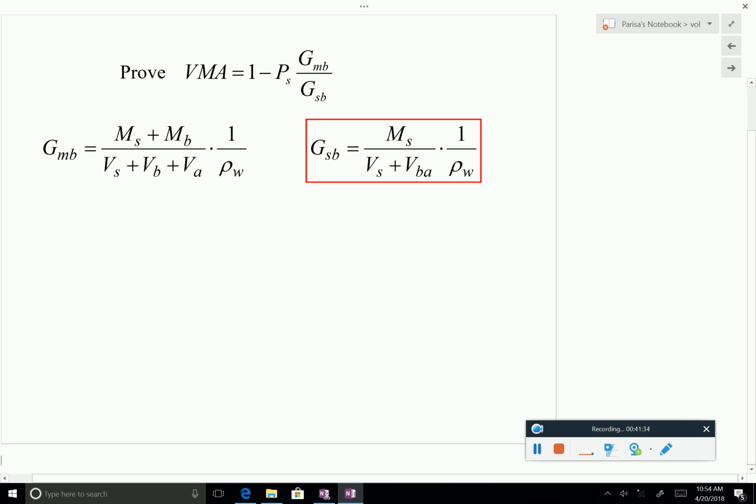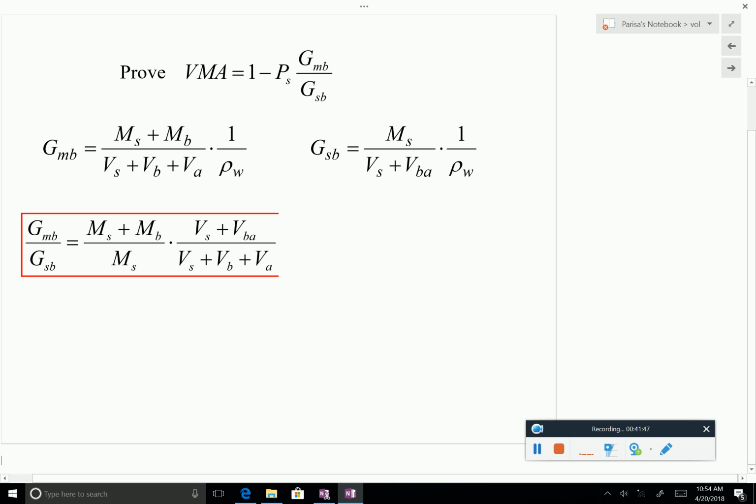So the definitions for G sub mb and G sub sb, which is the bulk specific gravity of the mix, and the bulk specific gravity of the solid. So the way I have done it, I first looked at how G mb over G sb will look, just substituting. If you have done it differently, don't change it. The most important thing is that at the end, you get to the right answer.